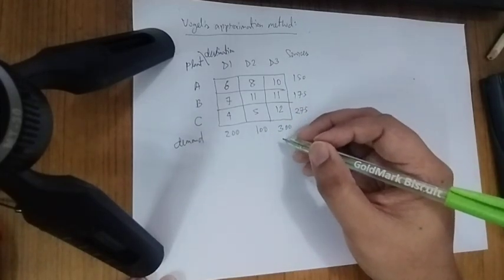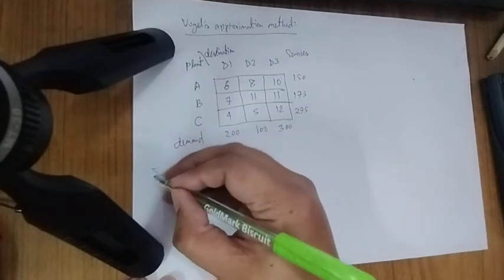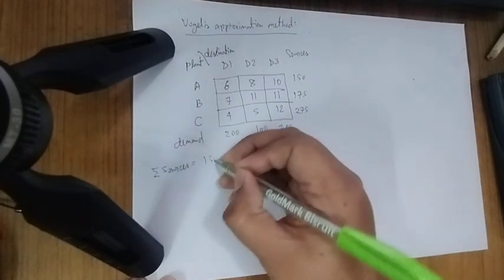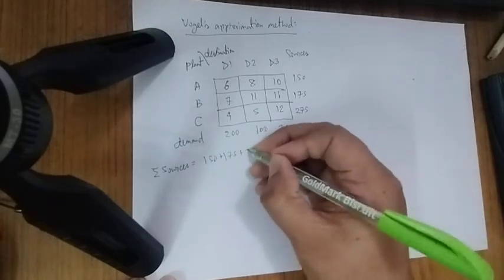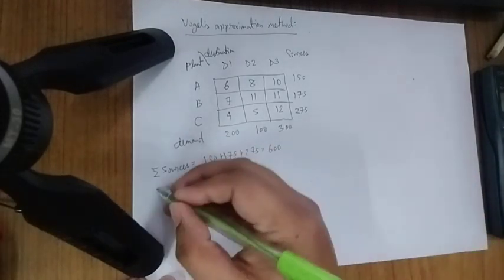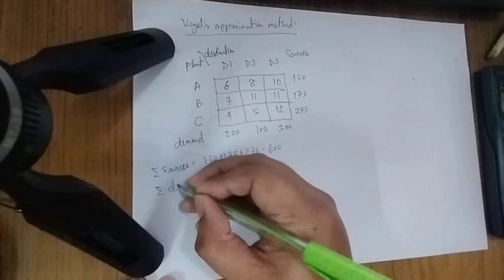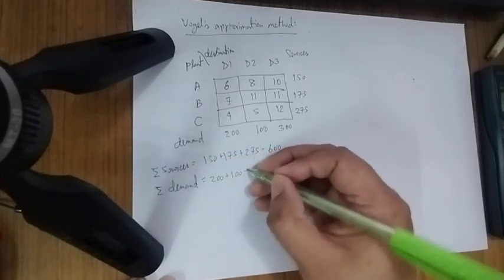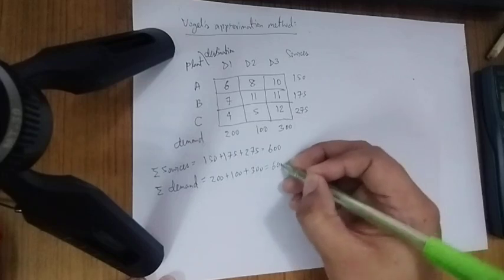In doing this, firstly we have to calculate the summation of sources. Our sources are 150, 175, 275, so 150 plus 175 plus 275, total becomes 600. And the summation of demand is 200 plus 100 plus 300, so total 600.